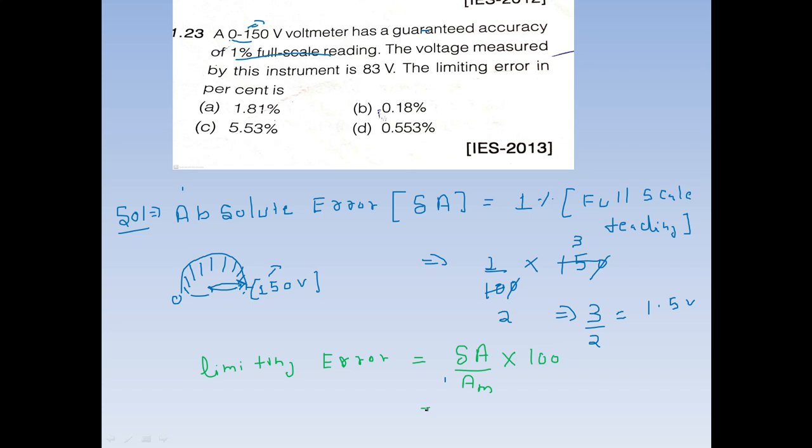The absolute error is given as 3 by 2 or 1.5. The measured value is given to us. What is the measured value? The voltage measured by the instrument is 83 volt. So this 83 volt is our measured value.